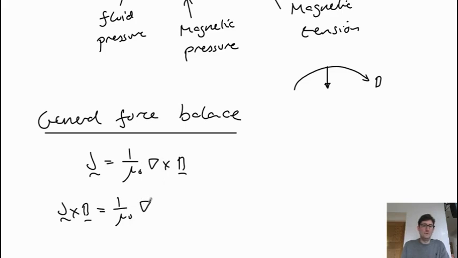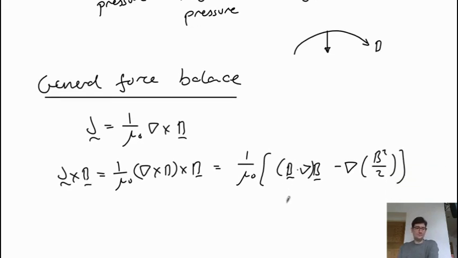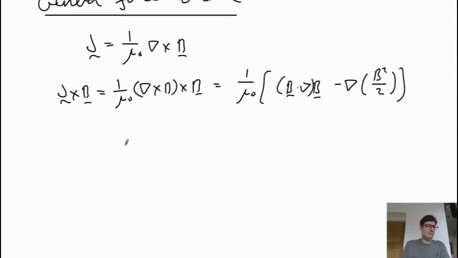So we have a curl of B cross with B. Then we can use some vector identities, and this is just 1 over mu naught, and then we have a B dot grad B, then a minus gradient of B squared over 2. This is just a vector identity. This is an exact vector identity of that case.